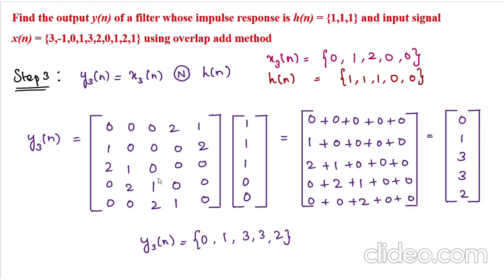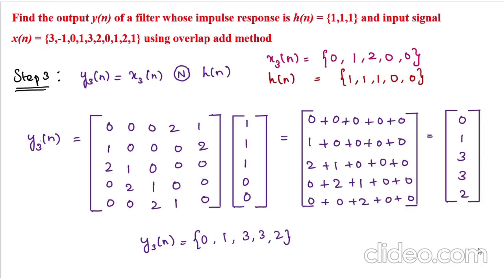Here 0 into 1 is 0, 2 into 1 is 2, plus 1 into 1 is 1, 0 into 0 is 0, and finally 0 into 0 is 0. Finally 0 into 1 is 0, 0 into 1 is 0, 2 into 1 is 2, 1 into 0 is 0 and 0 into 0 is 0.